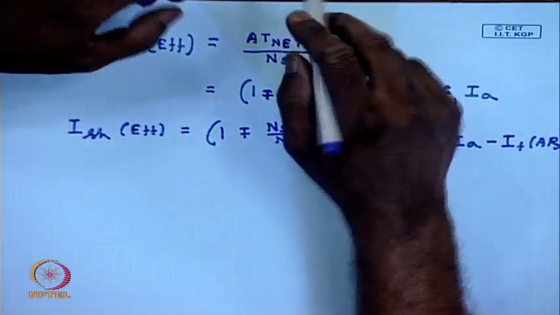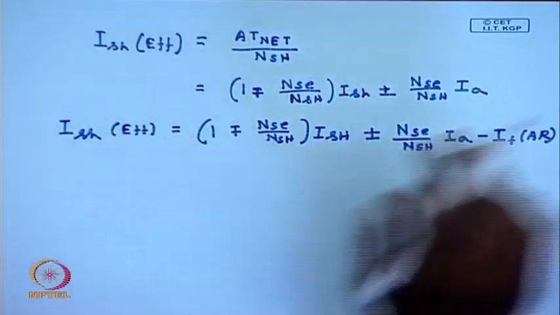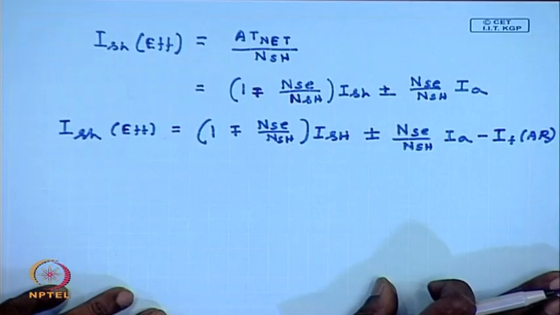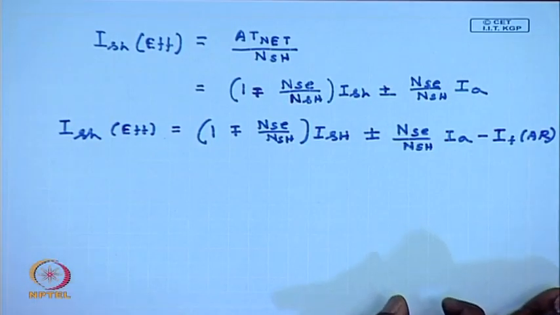Normally, the armature reaction flux is expressed as an equivalent field current, which is represented by IFAR. There is another method of connecting the series field, which is called the long shunt connection.